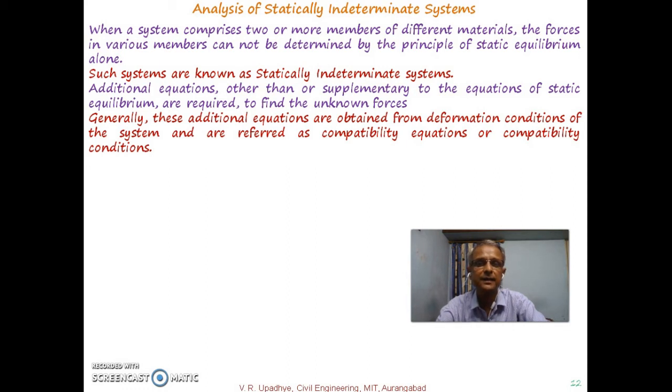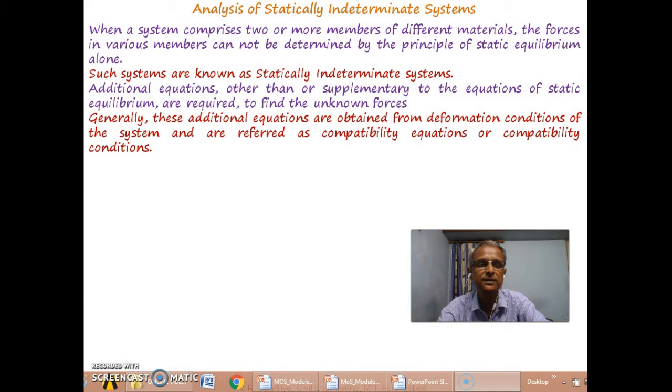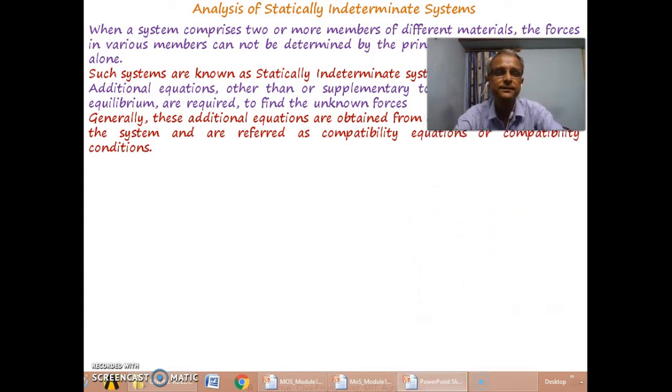Generally, these additional equations are obtained from deformation conditions of the system and are referred to as compatibility equations or compatibility conditions. So if we observe what is happening to the structure due to the applied force and what kind of deformation is taking place, depending on the deformation and depending on the supporting system, we can write some equations which are called compatibility equations or compatibility conditions.